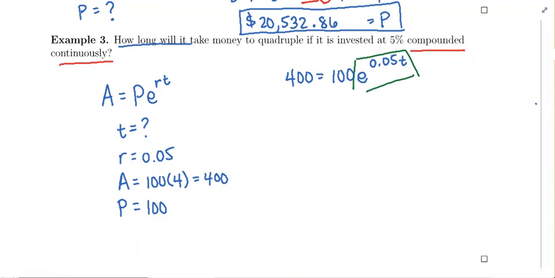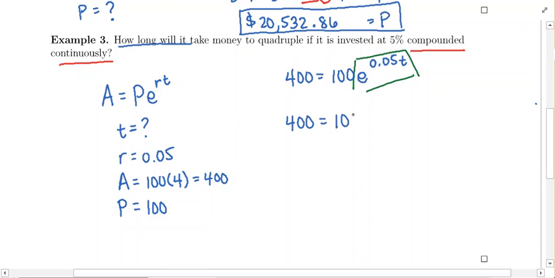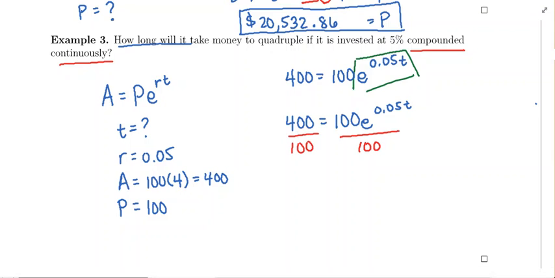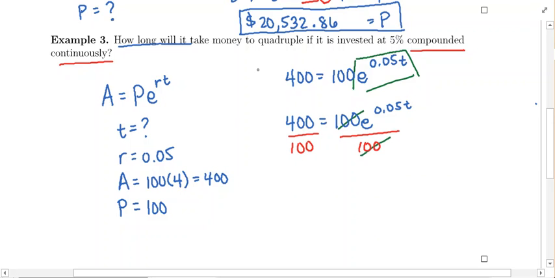So your first step is going to be, and I'm just going to rewrite it so we don't get confused here, getting rid of the 100. Since E to the 0.05 times T is multiplied by 100, we're going to undo that by dividing by 100. Whatever we do to one side, we have to do to the other. So on the right side, this 100 will cancel with this one.